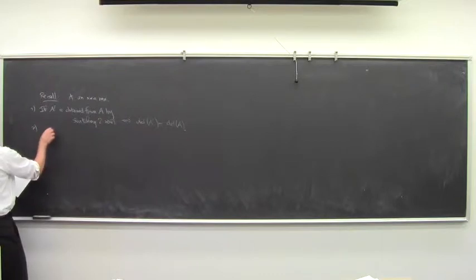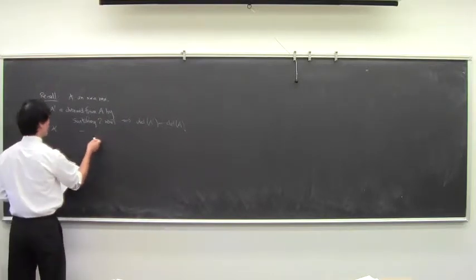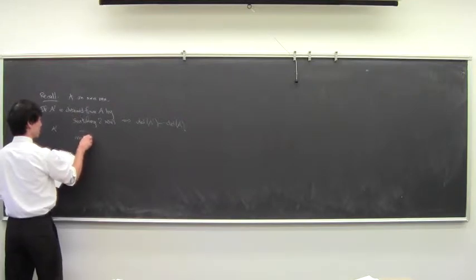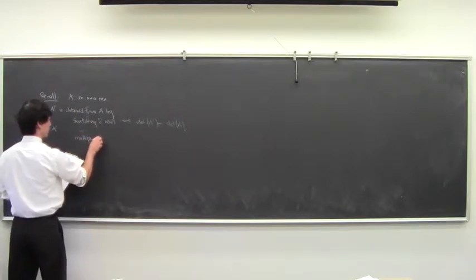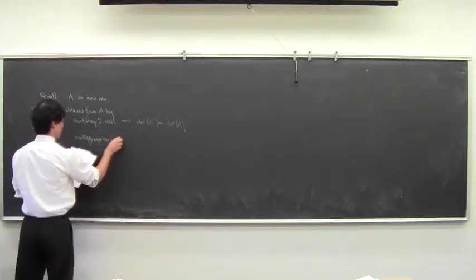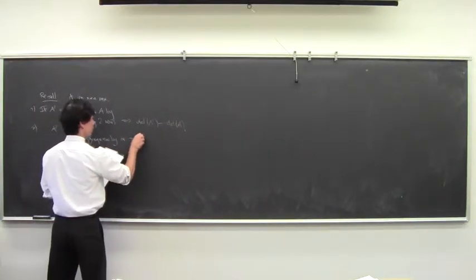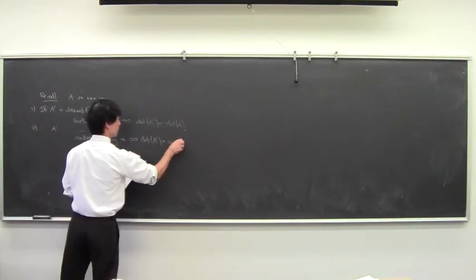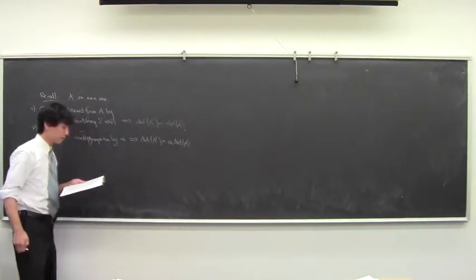If A prime is obtained from A by multiplying a row by alpha, then the determinant of the new matrix is alpha times the determinant of the old matrix, right?